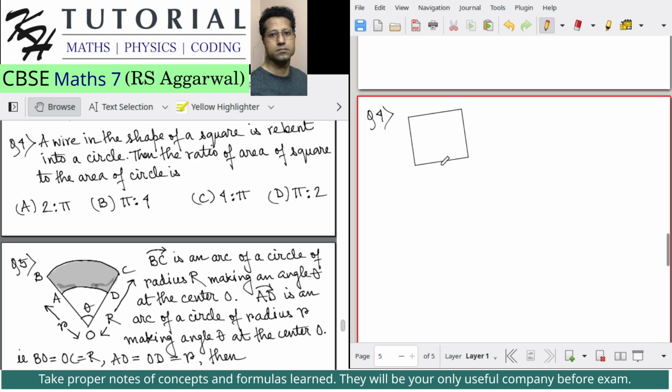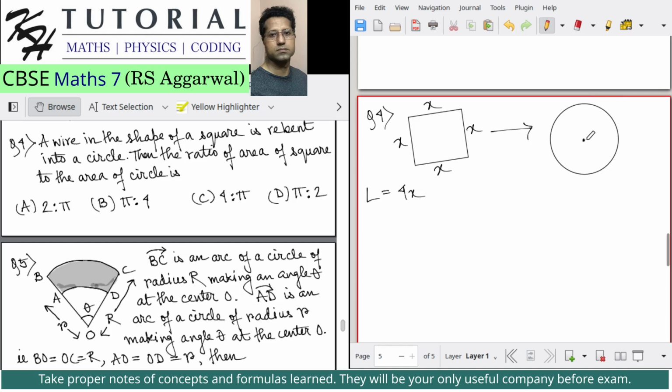Let's say when the wire was in the shape of a square, the length of each side of the square was x. So the length of the wire, let's say capital L, will be 4x, because the perimeter of the square is 4x. We are assuming that when the wire was in the shape of a square, the length of each side is x, then the length of the wire will be 4x. Now it has been reshaped into a circle.